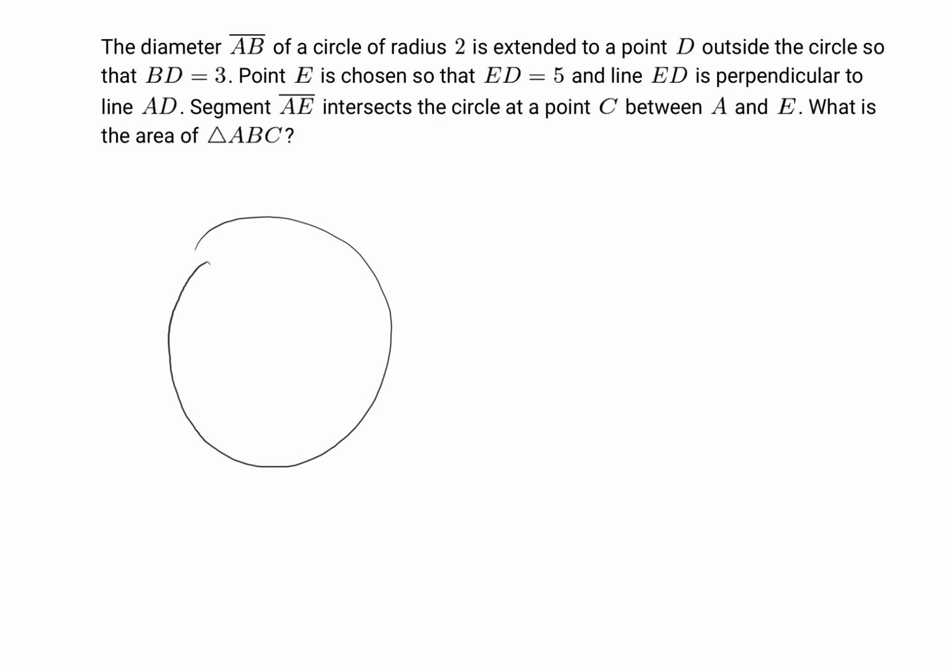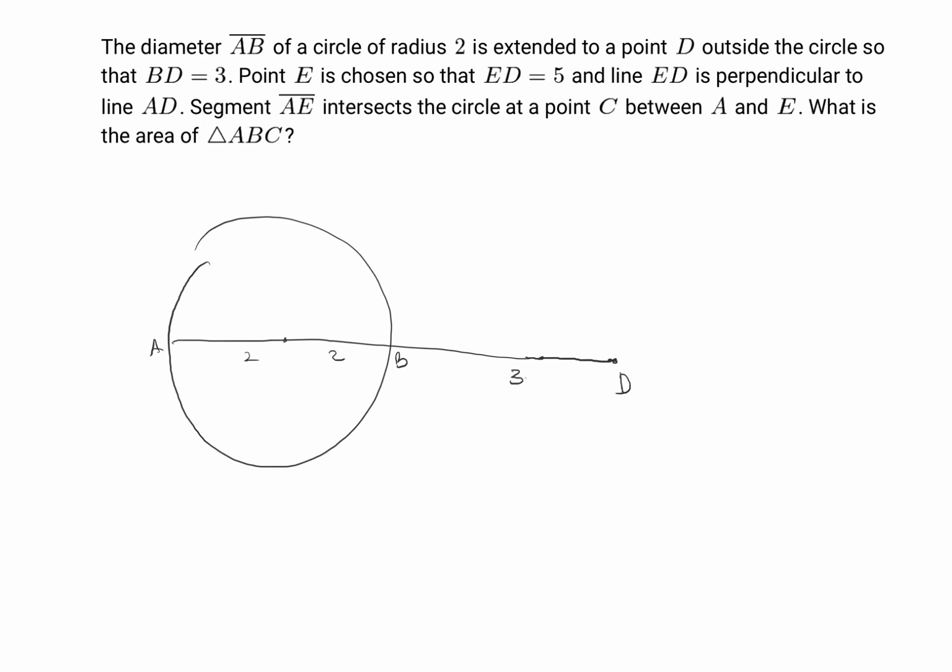So, let's say you have a circle and the diameter AB extended to D. 140/37 is the correct answer, at least in the format that I have it in. Okay, this is 2, and this is 4. Or no, I think it's 3. Right?